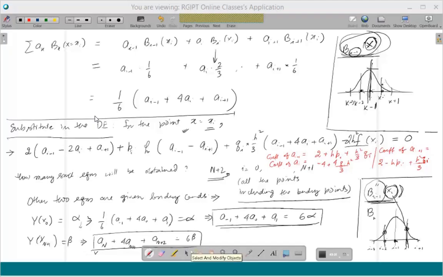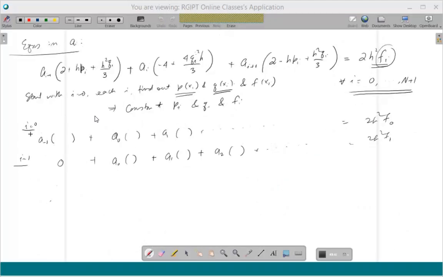What you can do actually is, from these, I can calculate a minus 1 in terms of this quantity, that is 6 alpha minus 4a0 minus a1, and here I can calculate an plus 2 as 6 beta minus 4an plus 1 minus an. Okay. This I can do, and these I can substitute in the first equation where I have a minus 1 appearing, and the last equation when i equals n plus 1.